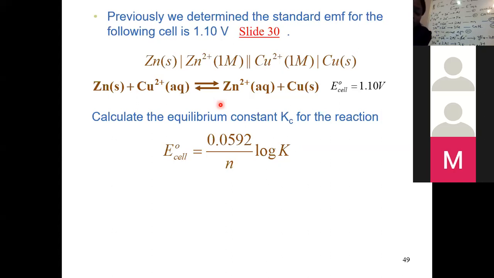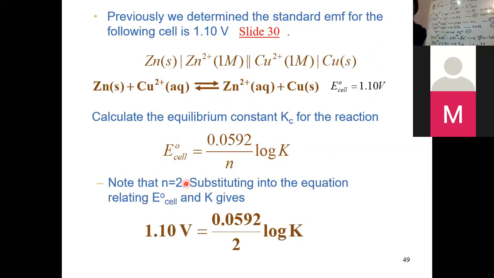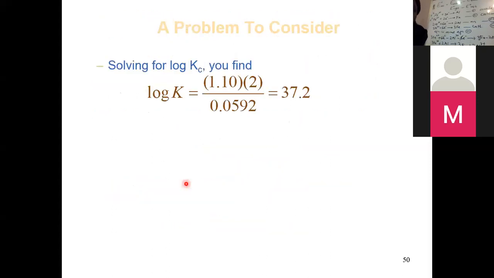So all you need to do is say your E0 cell, which has been given to be 1.10, equals 0.0592 divided by 2 log K. When you solve this, you divide the E0 cell by the value and find the antilog of that value. If you do that, your final answer should be 37.2.